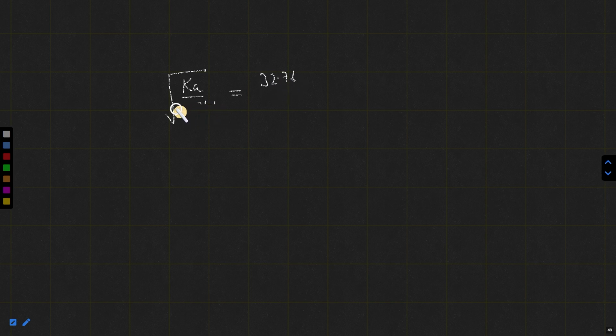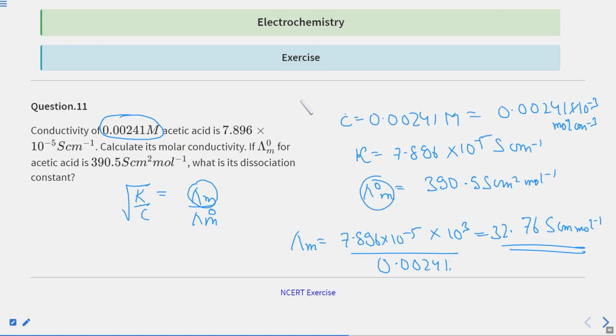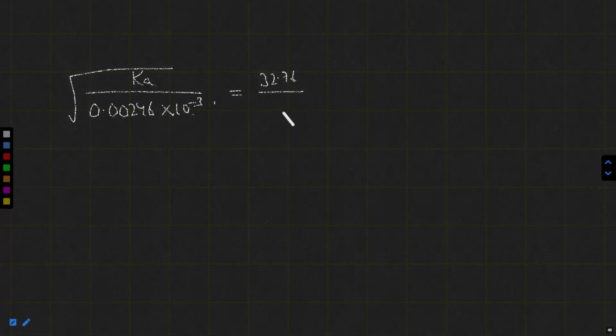Okay, just convert this value into per centimeter. 0.00246 into 10 to the power minus 3 by root under Ka. So this one is divided by lambda naught m, whose value is 390.5.